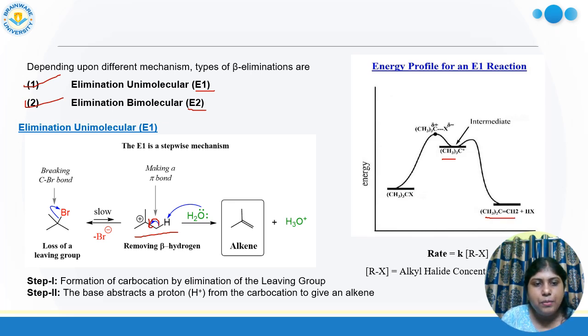As the first step is our rate determining step, RDS, in the rate equation only alkyl halide is present. There is no base present in the rate equation. So the rate equation is rate equals rate constant times concentration of alkyl halide. So this type of elimination reaction is known as elimination unimolecular reaction.